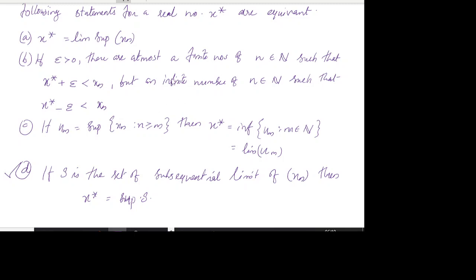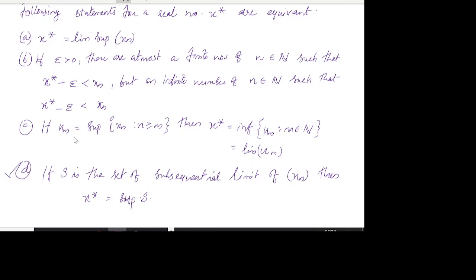So this is an equivalence condition for limit superior. First condition says that if epsilon greater than 0, there are at most a finite number of n belongs to N such that x star plus epsilon is less than xn, but an infinite number of n belongs to N such that x star minus epsilon is less than xn. Next, vm is equal to the supremum of xn such that n greater than or equal to some m.